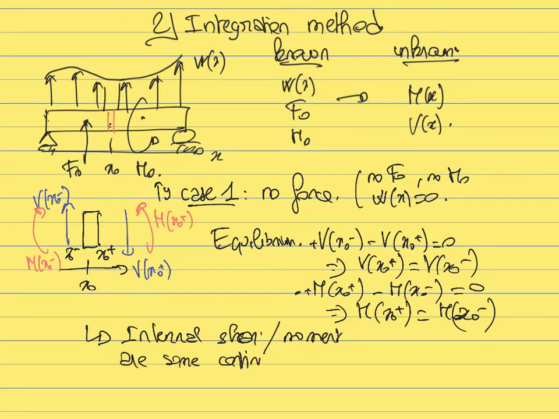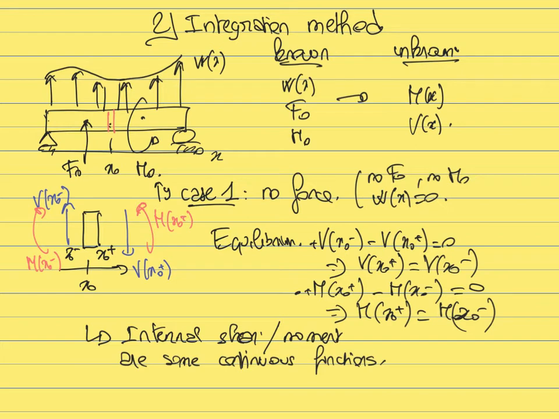What does it mean to be a continuous function? In the mathematical sense, the value of the function coming from the left is equal to the value of the function coming from the right, which means that there is no discontinuity in the internal shear and the internal moment. This is only true when there is no concentrated force or concentrated moment.